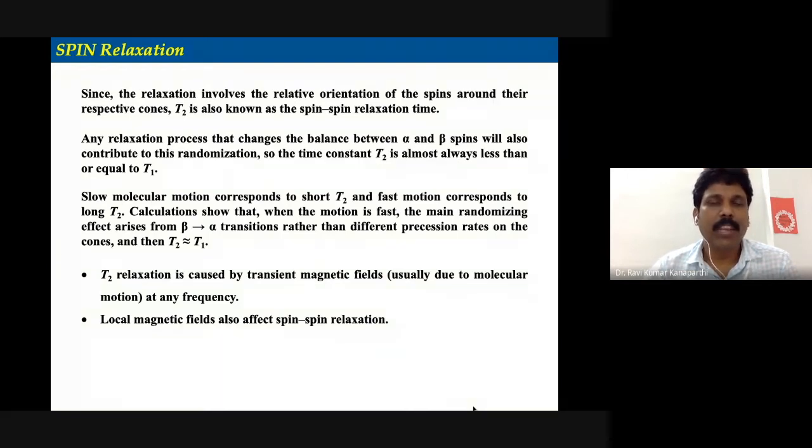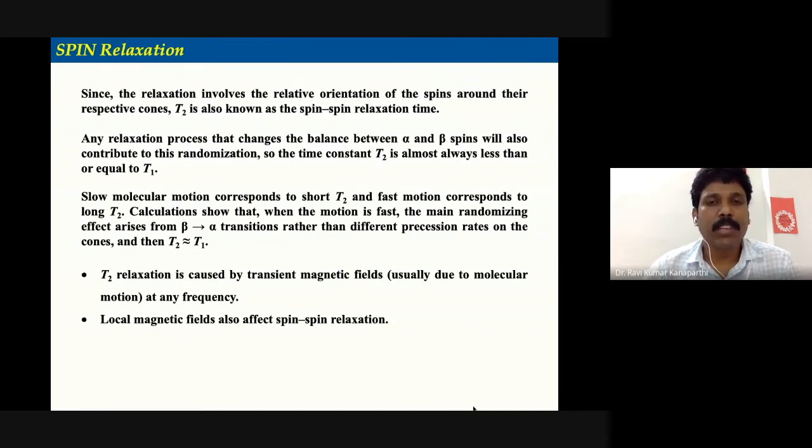So we have alignment with respect to the field direction, and the individual nuclear spins are arranged in a particular cone, precessing at the Larmor frequency. In terms of population, we have more alpha spins as compared to beta spins. So this is the thermal equilibrium.